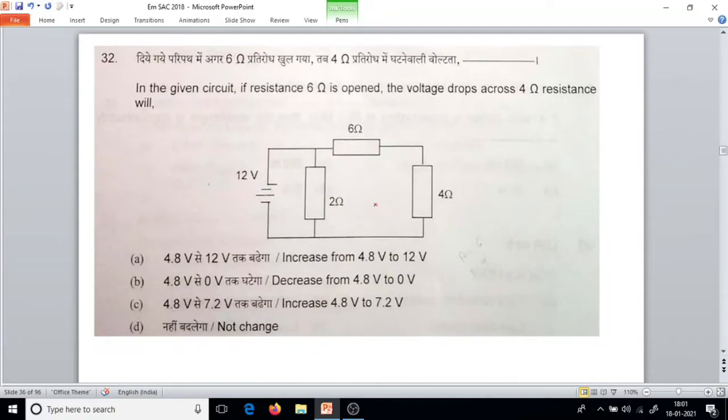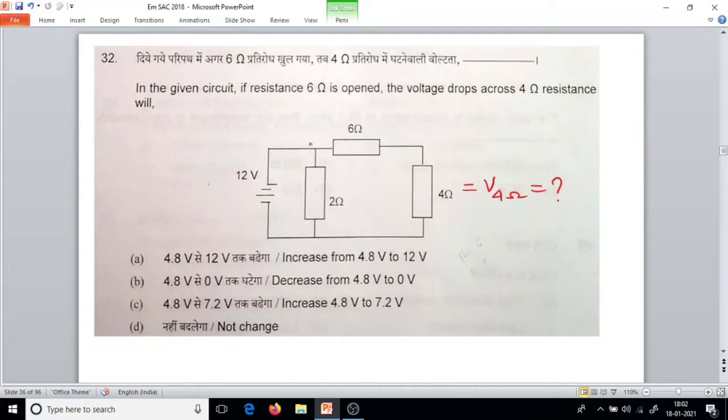The options are increase from 4.8 volt, decrease from 4.8 volt. So we will find out when the circuit is not opened what is the value across the 4 ohm resistance. So here we have to find the V across 4 ohm. That's what the question is.